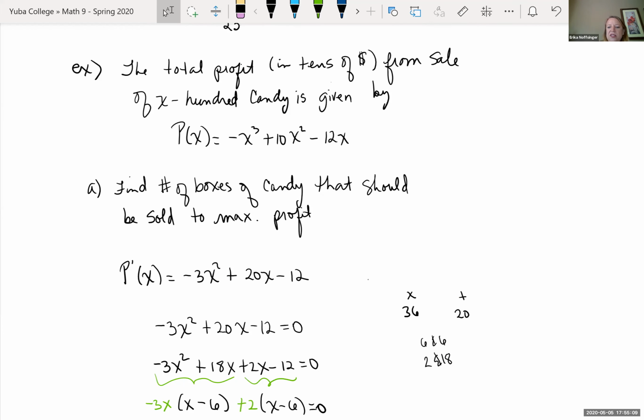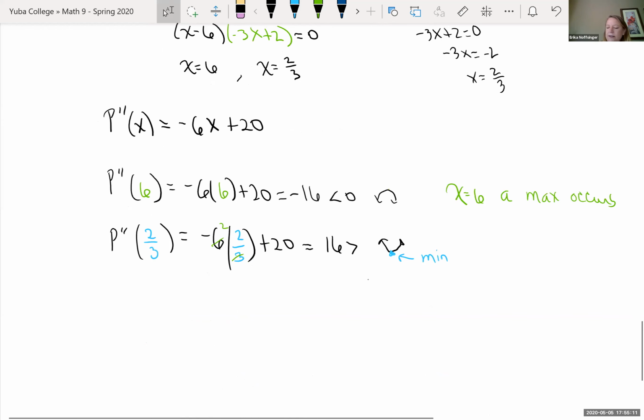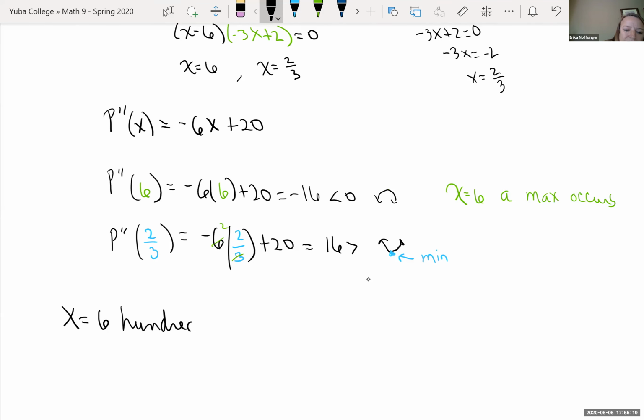And so this, when we got 6, X equals 600, or 600 boxes of candy. Maximizes profit.